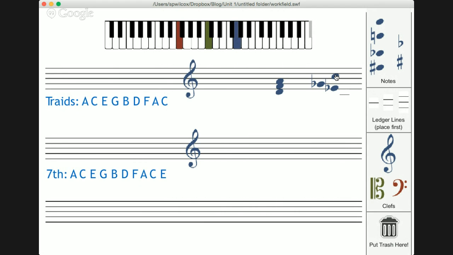So I can put my C down here. Let's get a new note head. C, E, G flat. So there's our triad.